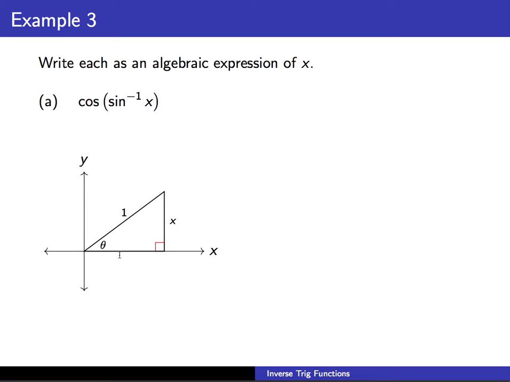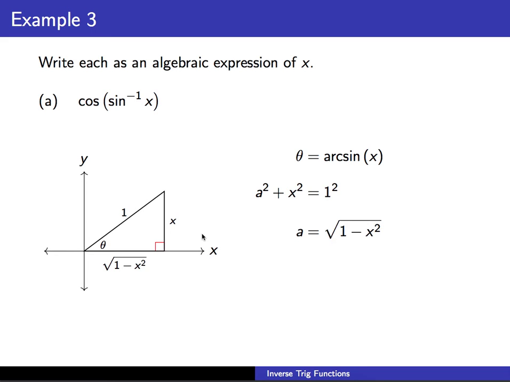Well, cosine is adjacent over hypotenuse, and we're missing the adjacent side. So theta being the inverse sine of x, and if we call this adjacent side a, we could set up a squared plus x squared equals 1 squared, then subtract x squared from both sides and take the square root. So we'll get a is the square root of 1 minus x squared.